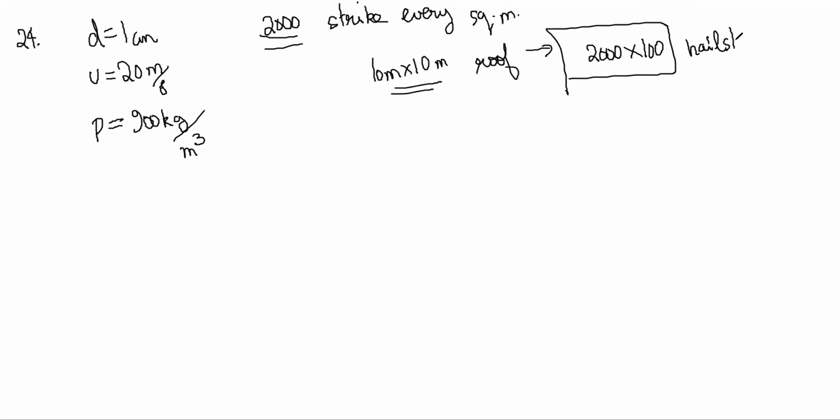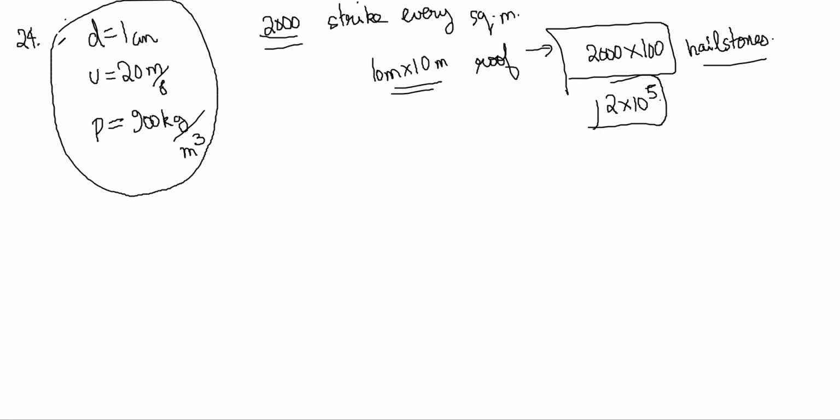Okay, I got my mistake already, I think. 2 into 10 power 5 hailstones are striking. That is the total number of hailstones, and each hailstone will have some momentum. This data is going to help you find momentum.